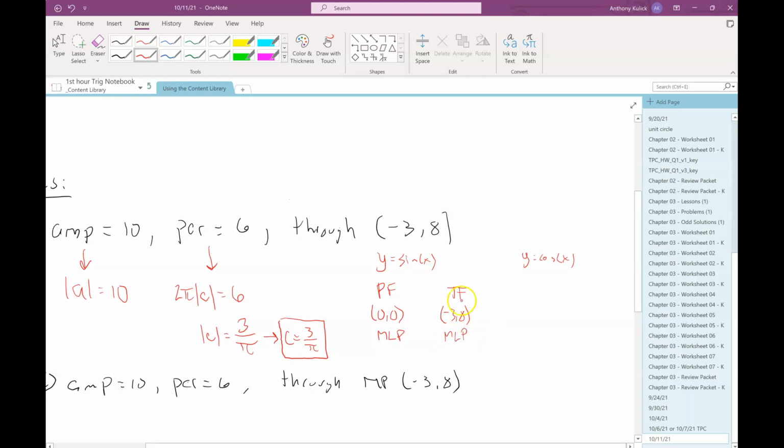So if we make that a midline point, or a transformed function point, (3, 8) also a midline point, we know that Cx from the parent function plus h has to give us the x from the transformed function. So C times 0 plus h has to give us 3. And C times 0 is 0. H plus 0 is h. So that just tells me h has to be 3.